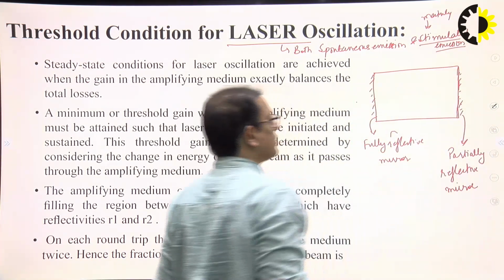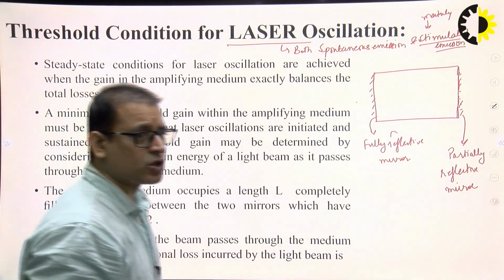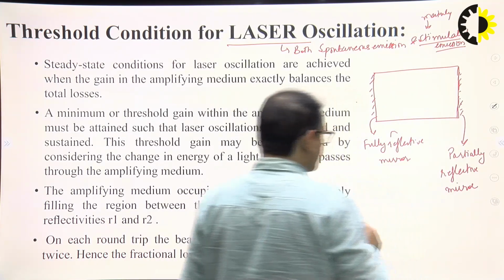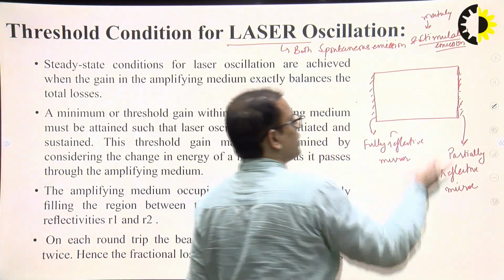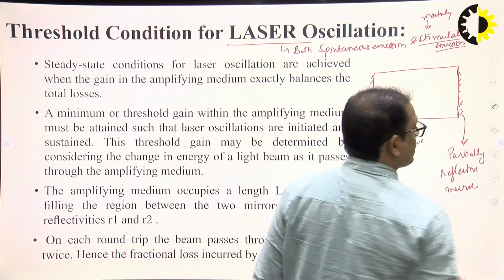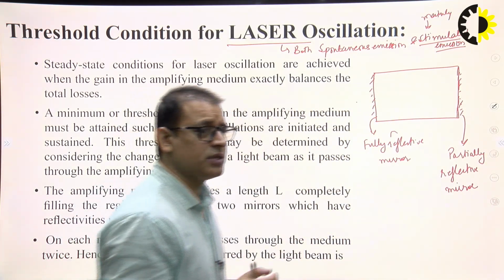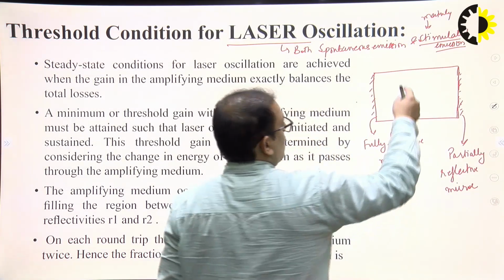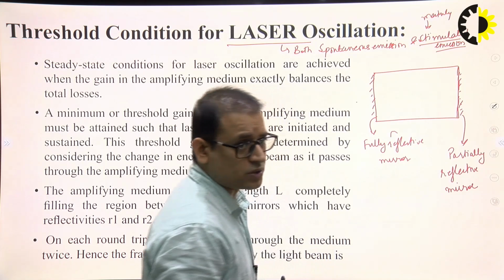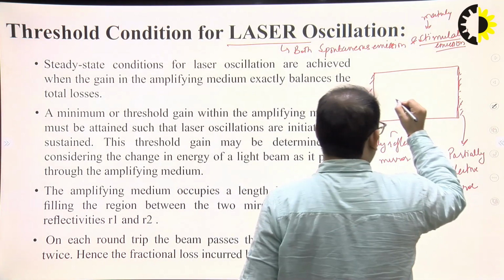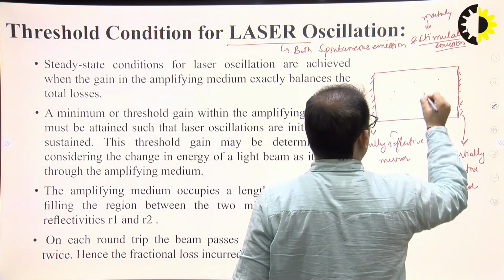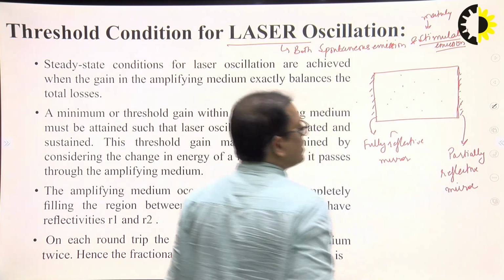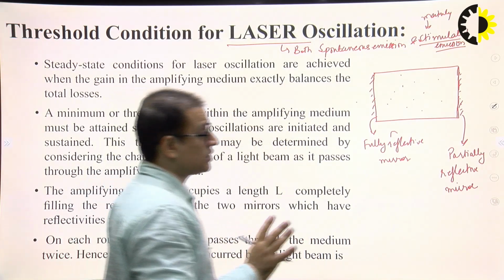When stimulated emission takes place, photons are generated, and these photons generated in the cavity get out of the cavity through the partially reflective mirror when the energy of the photons is greater than the energy lost by the photons. Let's say these are the photons generated inside the cavity or inside the laser device.